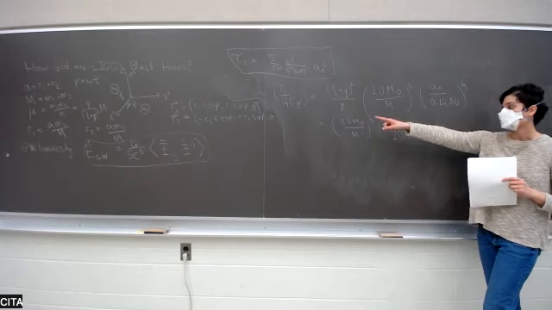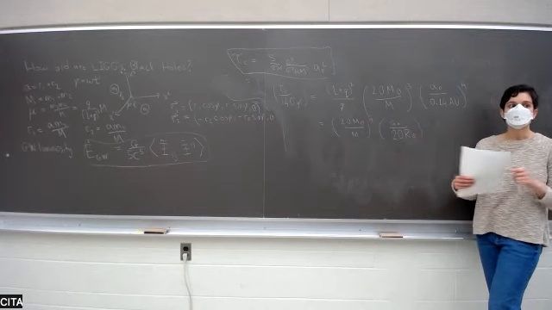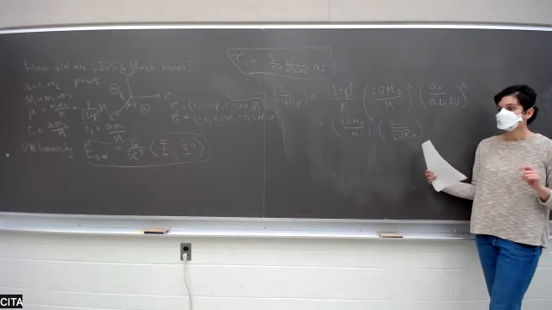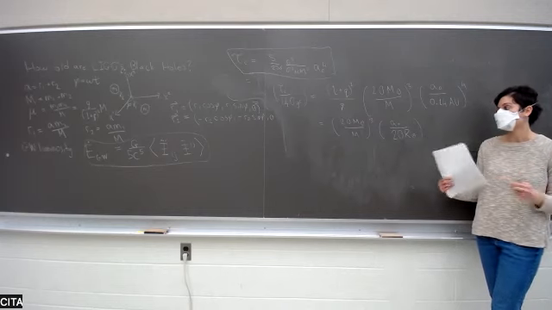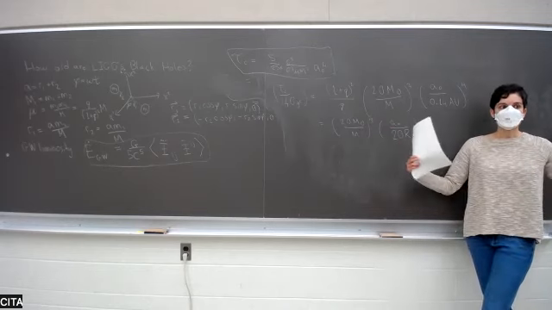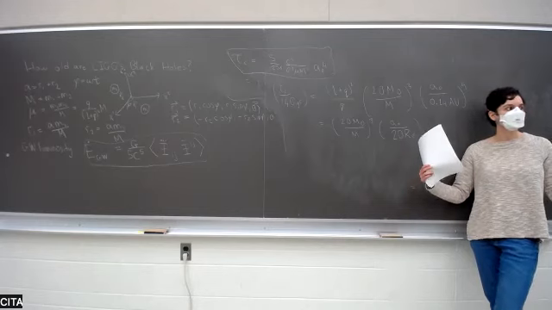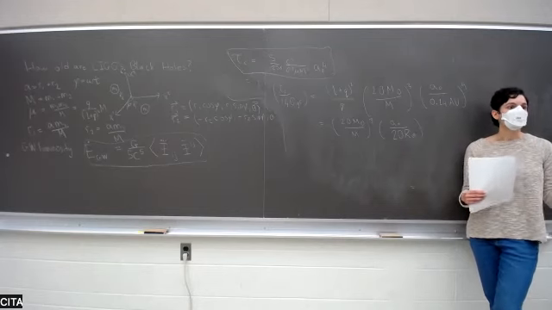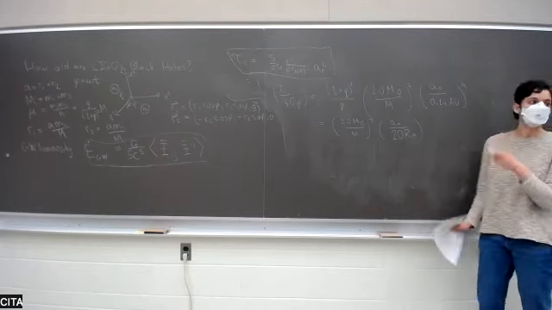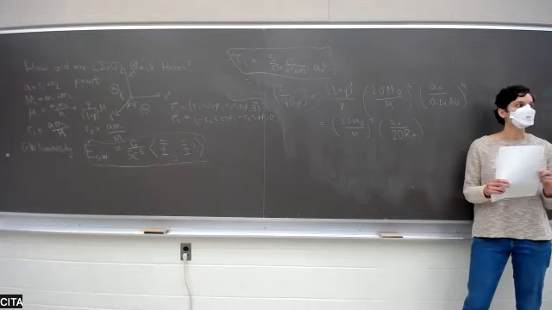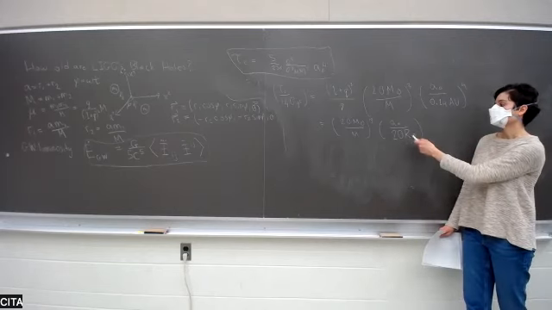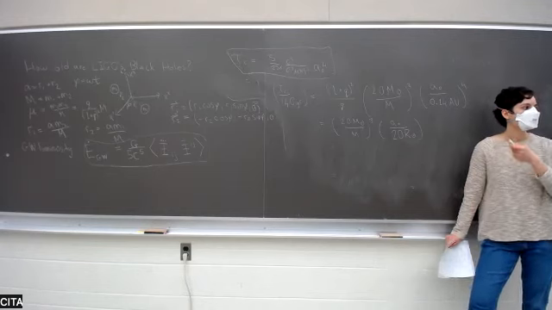To merge within 14 gigayears, they initially have to be separated by only 20 solar radii, which seems absurd, because if you have a star that's going to produce a 10 solar mass black hole, it's probably going to expand to 100 solar radii just in its lifetime. And that's why people try so hard to invoke these common envelope phases, et cetera, so you can rapidly shrink the orbit and end up with two black holes that are really on the order of 10 solar radii apart.